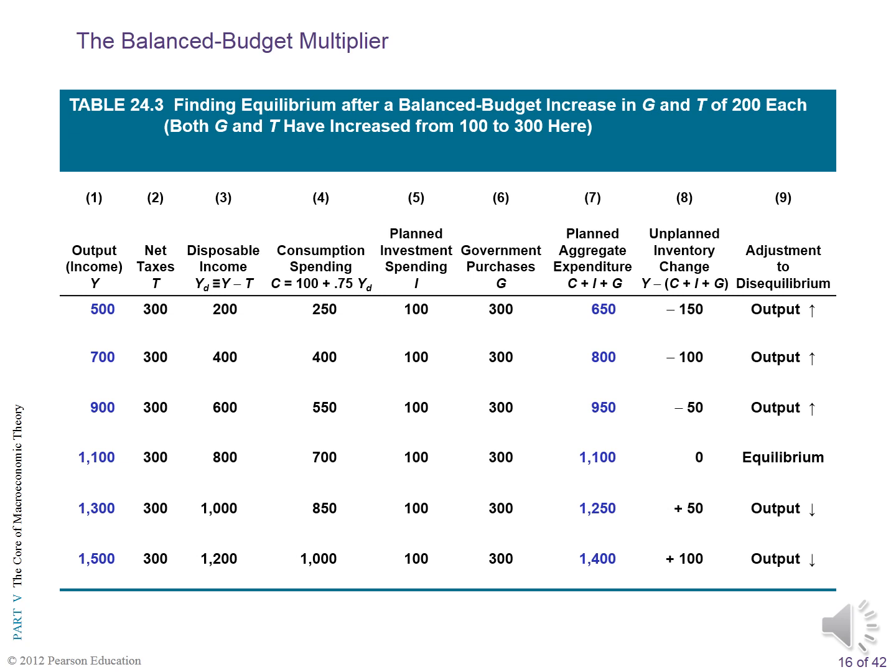Planned investment didn't change, 100. G increased by 200, so it became 300. We calculated aggregate expenditure, C plus I plus G, and then the unplanned inventory, which is Y minus aggregate expenditure. And we found that equilibrium is where Y equals aggregate expenditure, which is 1100. Okay, so to increase Y by 200, I increased T by 200 and G by 200, as you said.